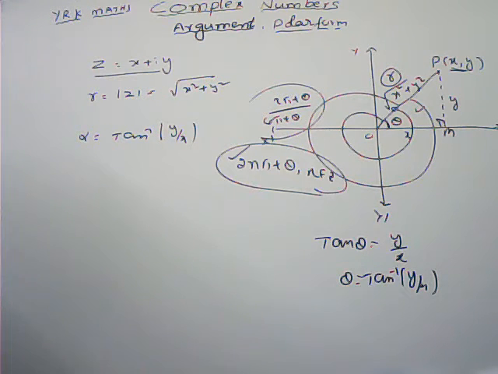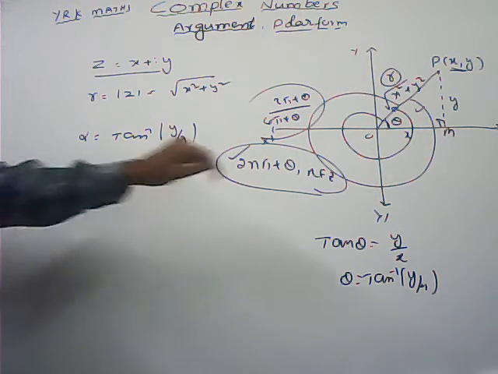If I want the principal value of the argument of a complex number, here two different types are there. The argument of a complex number is not unique. If theta is the angle made by OP with the positive direction of the x axis, then 2n pi plus theta, n belongs to Z, are the arguments of a complex number only.